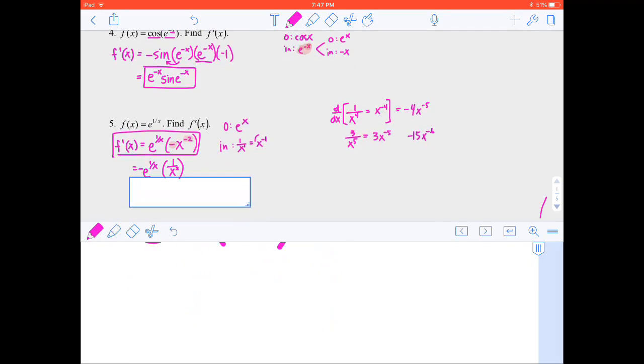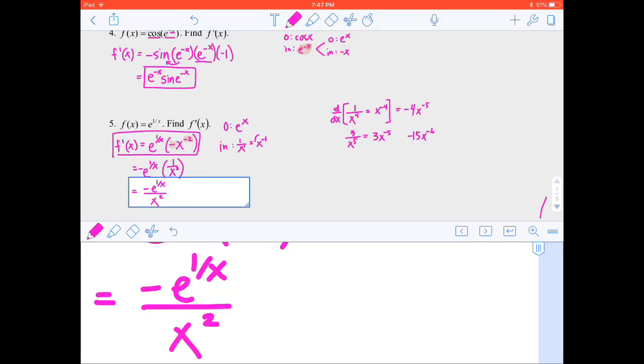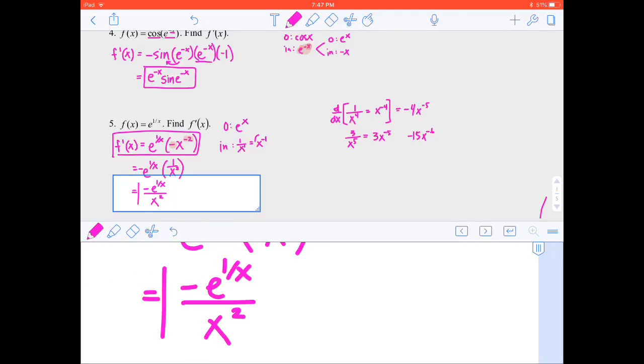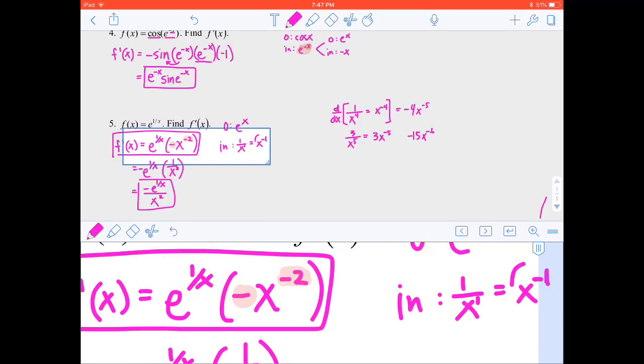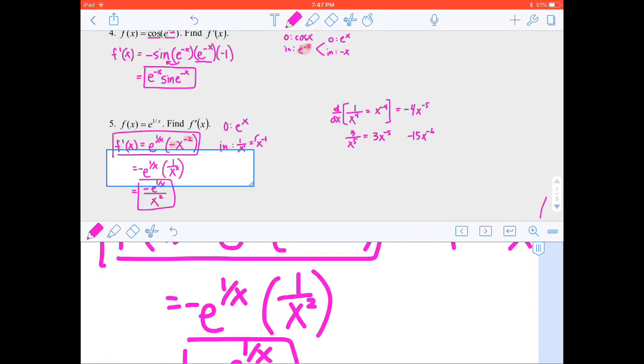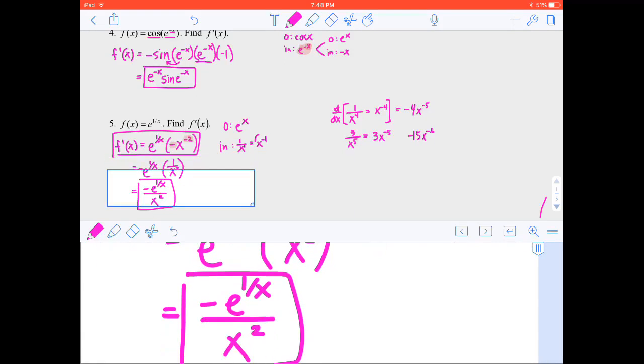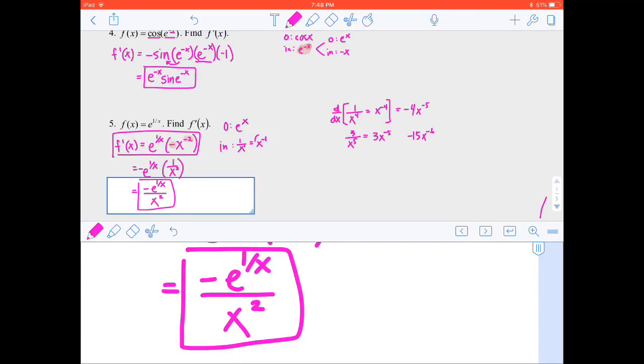So when you put this all together, it's going to be negative e to the 1 over x, all divided by x squared. And that simplifies it. So we no longer have any negative exponents because we flipped that exponent there, made it positive, and put it all together.